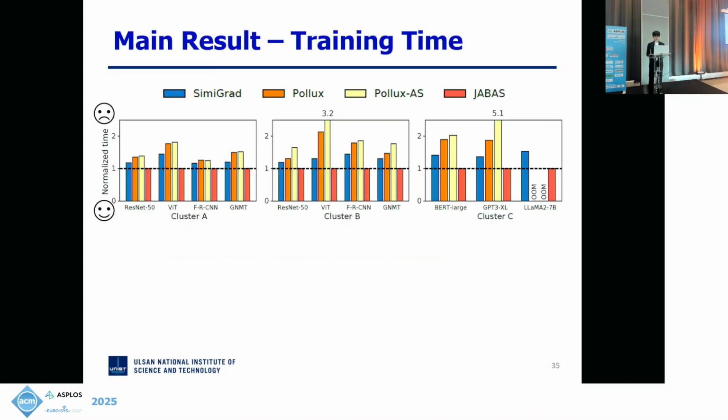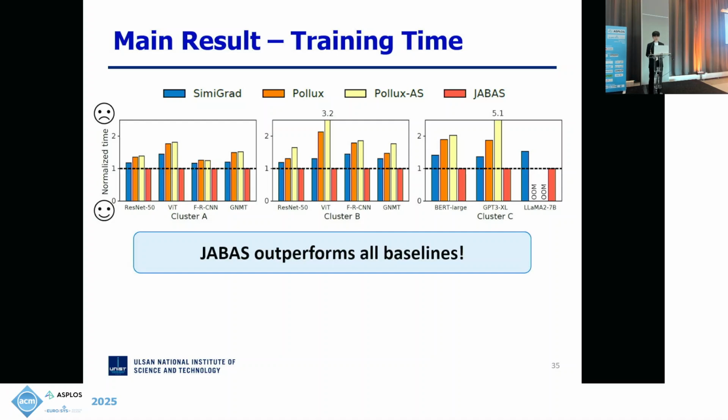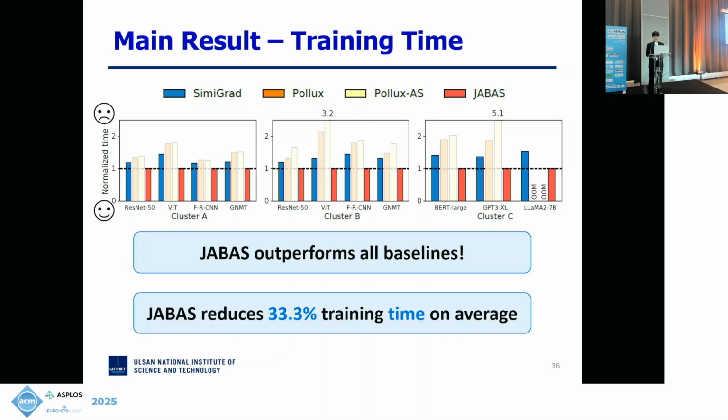The figure shows the training time normalized to that with JABAS. The main result is that JABAS outperforms all baselines. It achieves about 33% time reduction compared to the fastest baseline, SemiGrad, for all DNN models across 3 clusters.